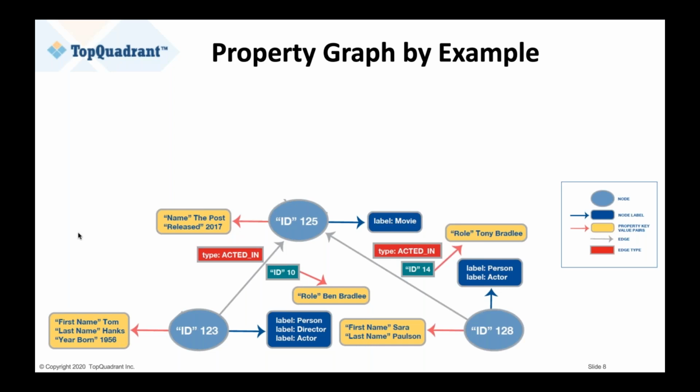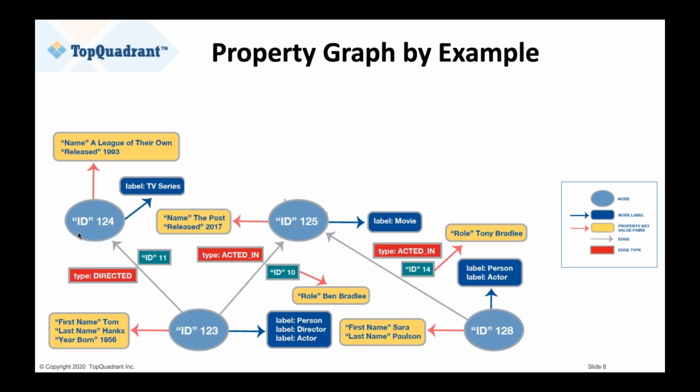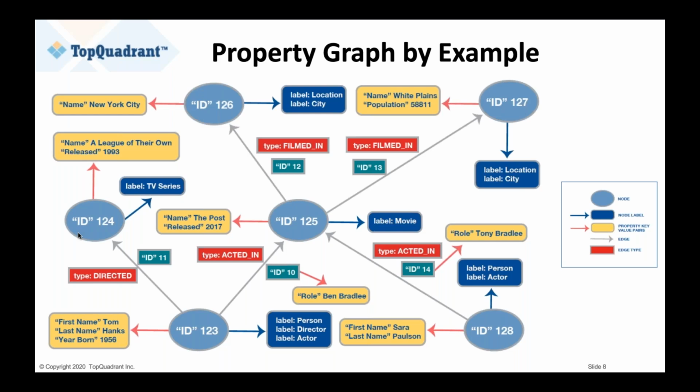And now we'll grow our graph. We see that we have another person. That person is an actor as well as a person. That's Sarah Paulson, and she also acted in that movie, playing another role. And now we could talk about the fact that Tom has directed something. It's a TV series, A League of Their Own. It has a release date.